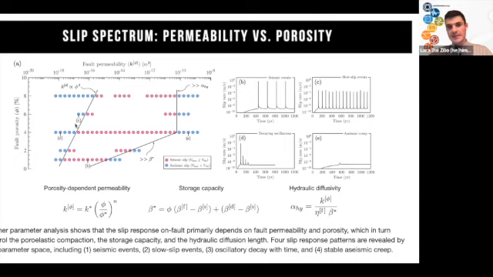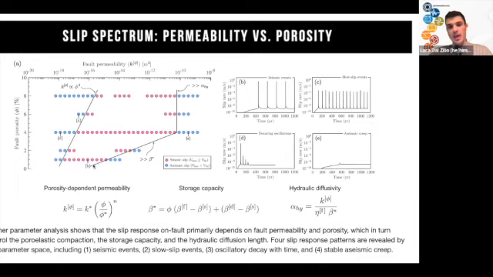It's interesting to observe that this transition between seismic events and slow slip events is characterized by this transition zone that is controlled by the constitutive relations that we have between permeability and porosity, where you can see that the reference permeability over the reference porosity is raised to an exponent n, which in our simulation is 3, and this confirms the transition that we observe in this slip spectrum.